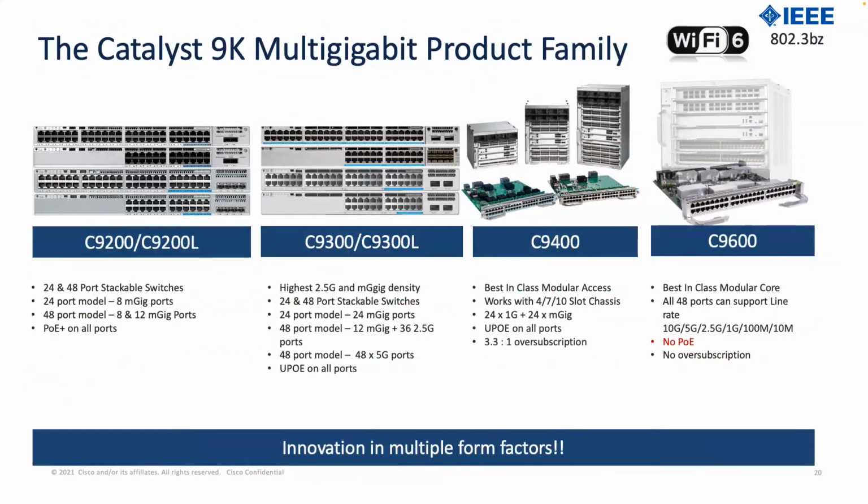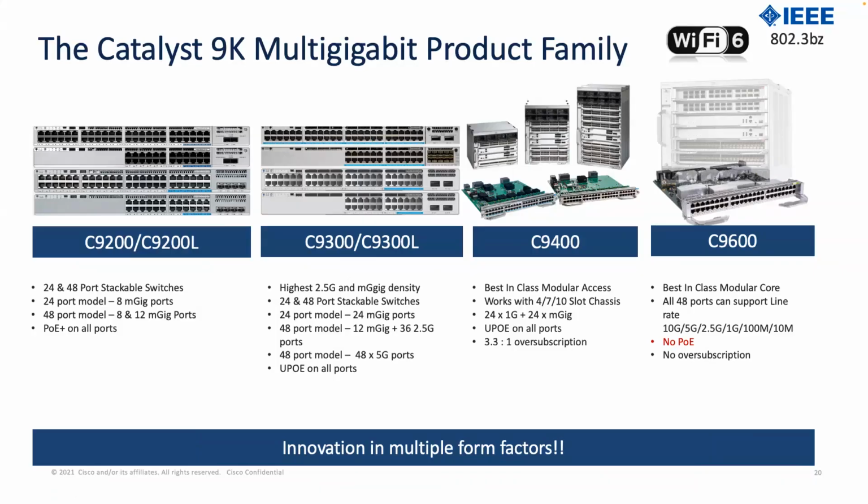So the 9500 doesn't support it. Regarding the modular core switch 9600, there's only one 48-port LAN card that supports multi-gig ports, but unfortunately this LAN card doesn't support PoE.